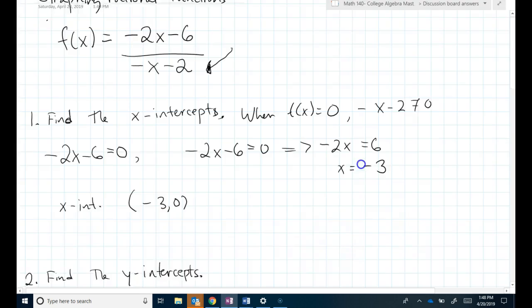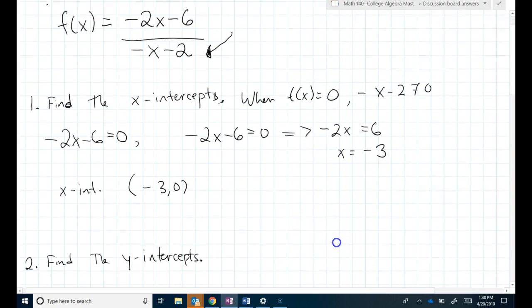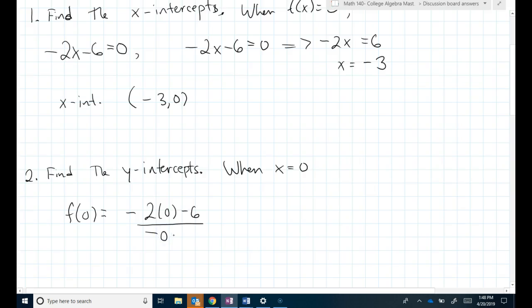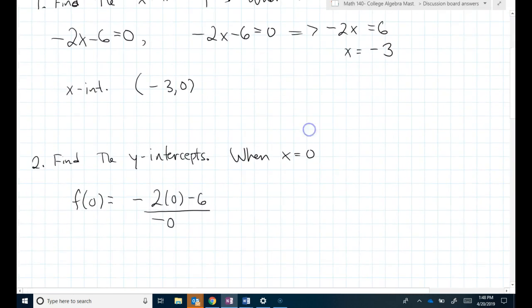Notice I wrote it as a point because an intercept is a point, and so we want to describe it as such. Next, I'm going to find the y-intercept. Well, that one's actually a little bit easier. That's when x is equal to 0. So that's f of 0, which equals negative 2 times 0 minus 6 over negative 0 minus 2, which equals negative 6 over negative 2, which equals 3.